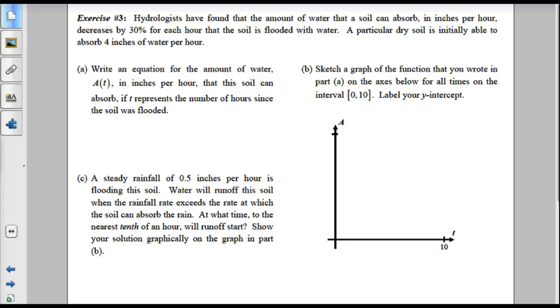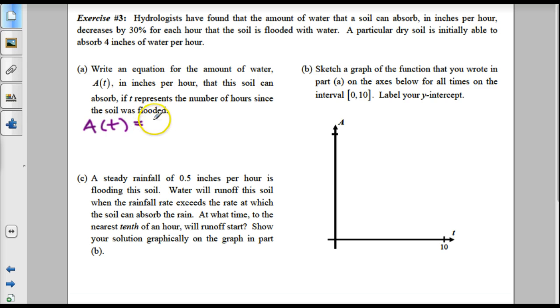Now, exercise 3 says, hydrologists have found that the amount of water that a soil can absorb in inches per hour decreases by 30% each hour that the soil is flooded with water. A particular dry soil is initially able to absorb 4 inches of water per hour. Write an equation now. This is my starting A of t.